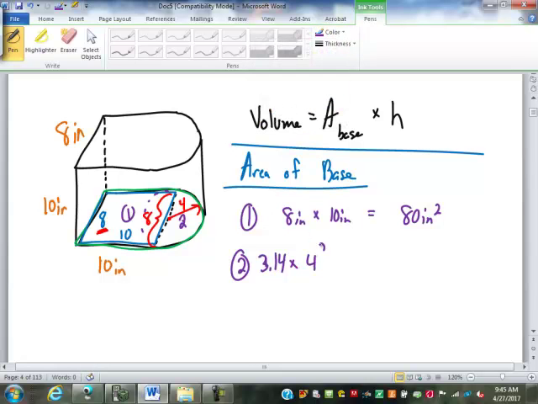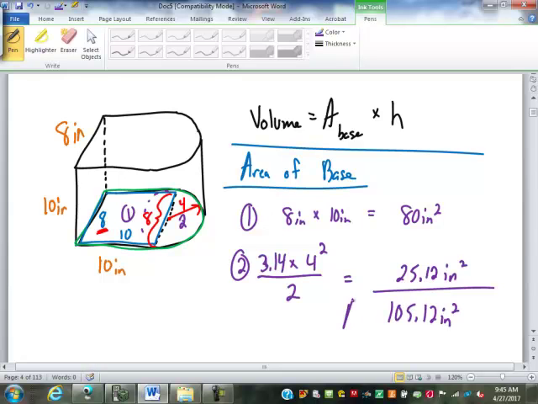So pi times 4 squared. But it's only half a circle, so we have to divide by 2. Comes up 25.12 square inches. We add those together, we get 105.12 square inches. That's the area of our base, right there.